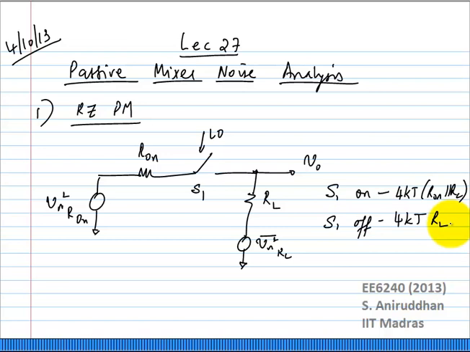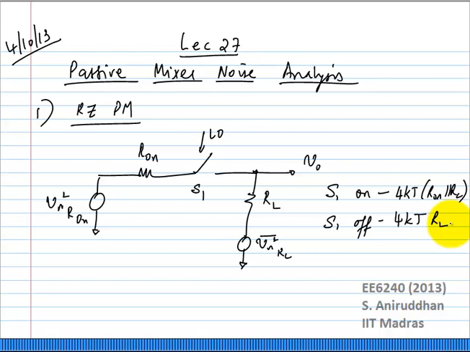If LO has a 50% duty cycle, what will the output noise be? Approximately it will be the average of these two, right? Half the time you have 4 kT RL, the other time you have 4 kT R on parallel RL. It will just be an average of these two.